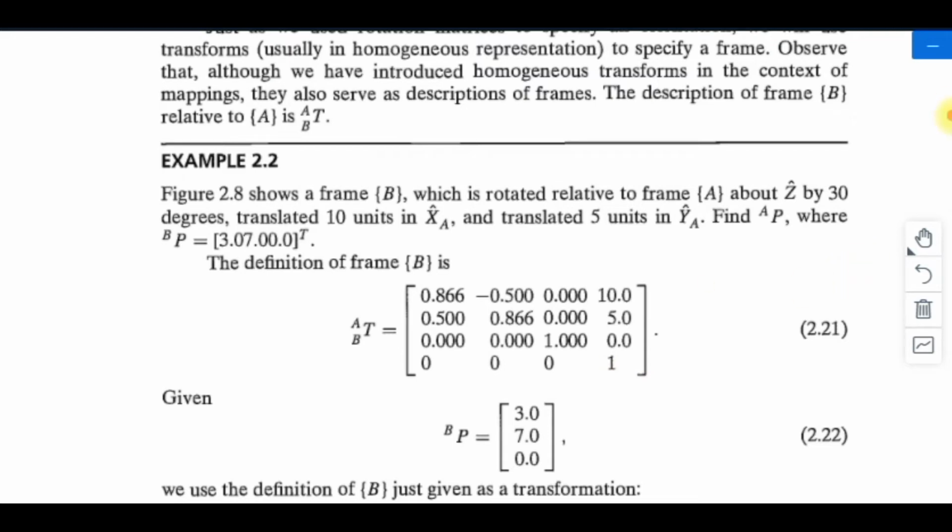So no scaling. Remember that this portion is 0, so there is no perspective transformation. The perspective transformation occurs when it deforms the shape, but the deformation is not here, and the scale is also 1.